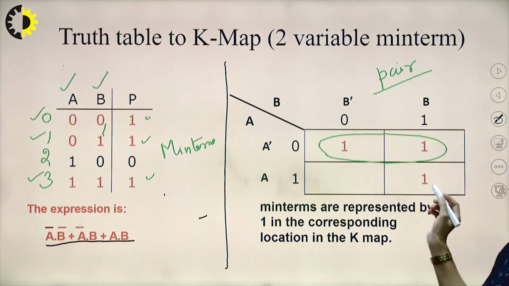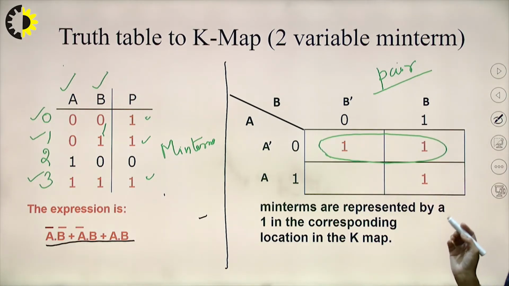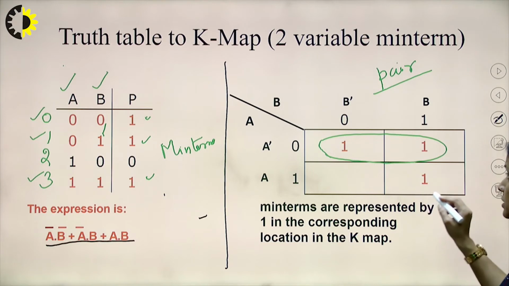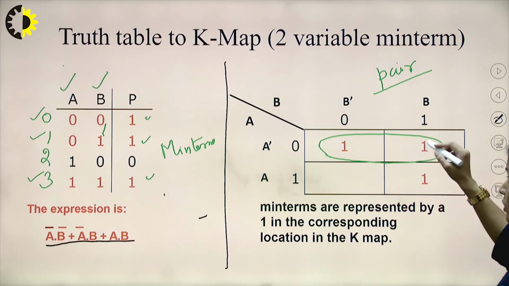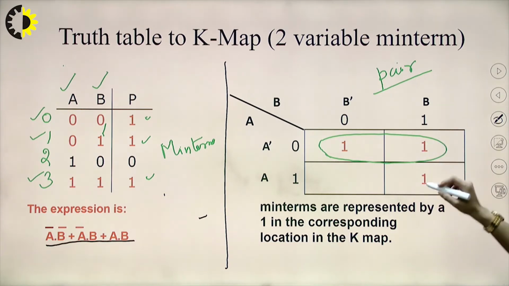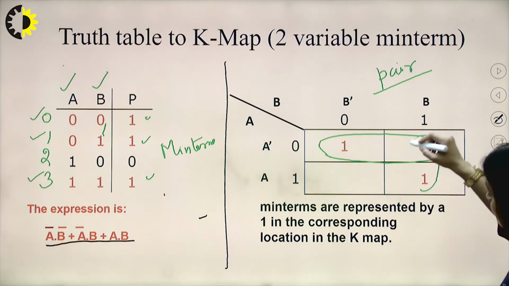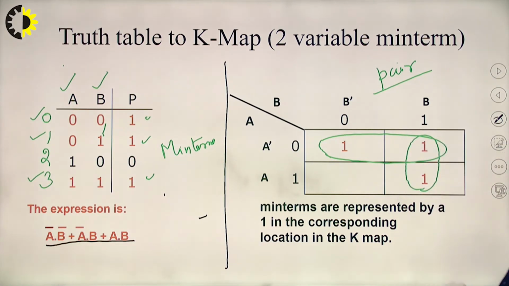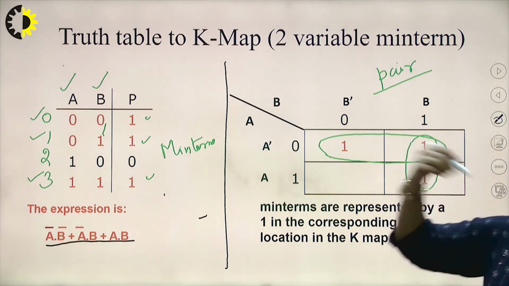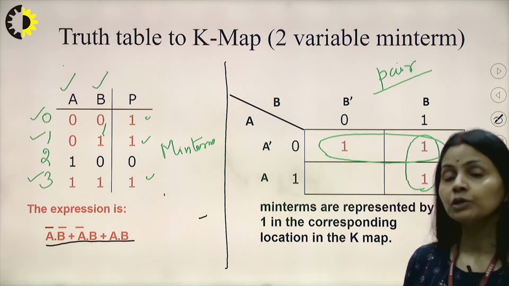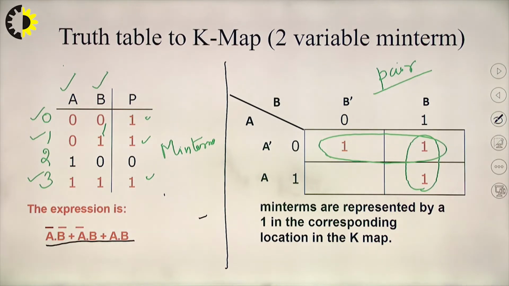Now this one is remaining. This one has an adjacent one also, so I will be pairing it with this one, which has already been used by another pair. So I have two pairs.